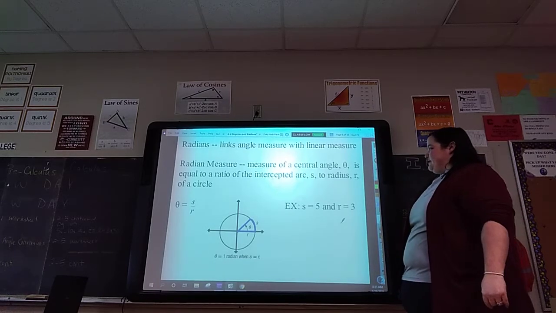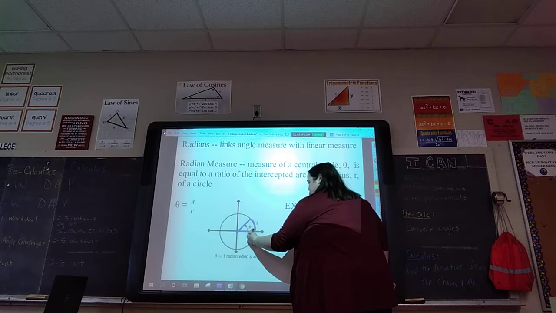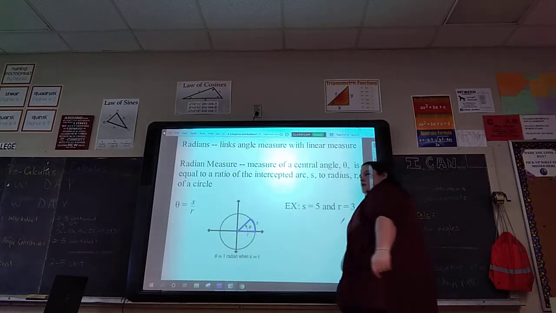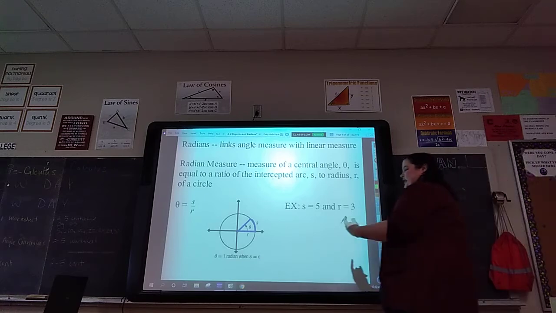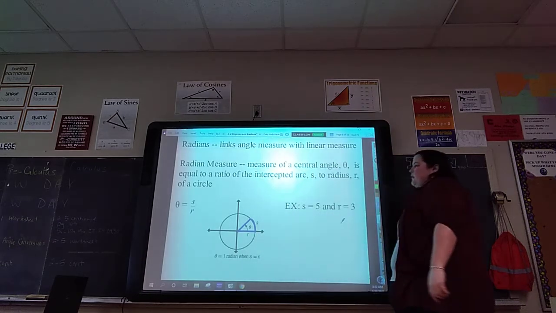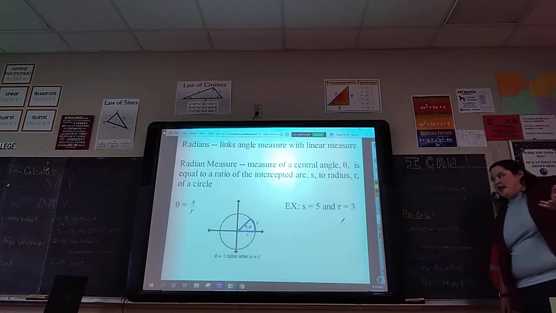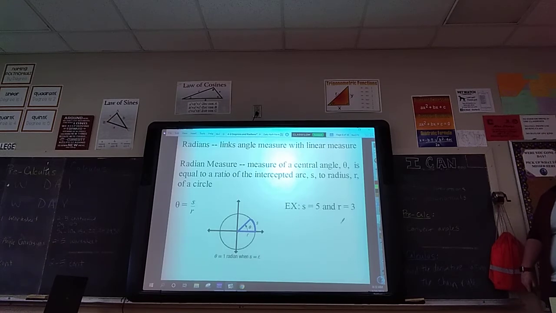It's a ratio from the arc length of the circle to the radius of that circle. So it's a linear measurement. It's a ratio between the arc length of that little angle and the radius of the circle. Since it's a linear measurement, we can eventually use that to find all kinds of areas.